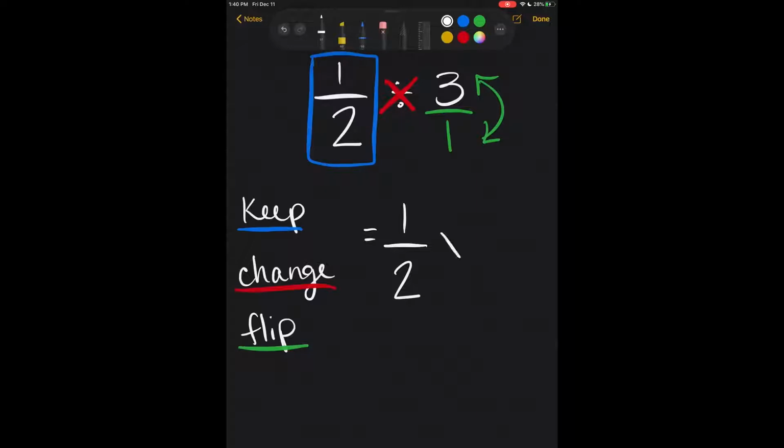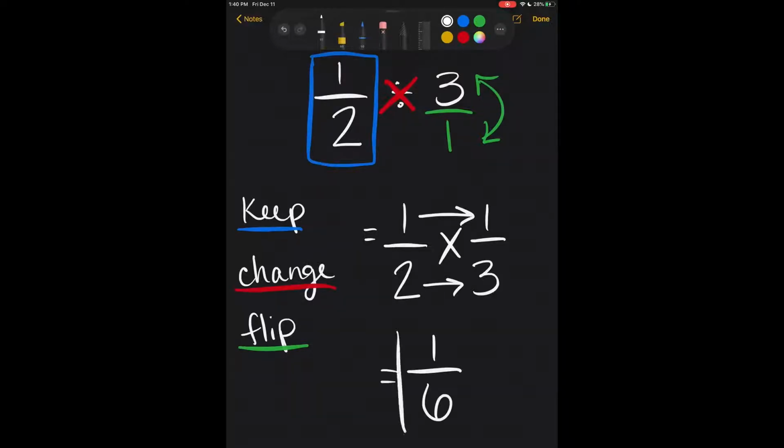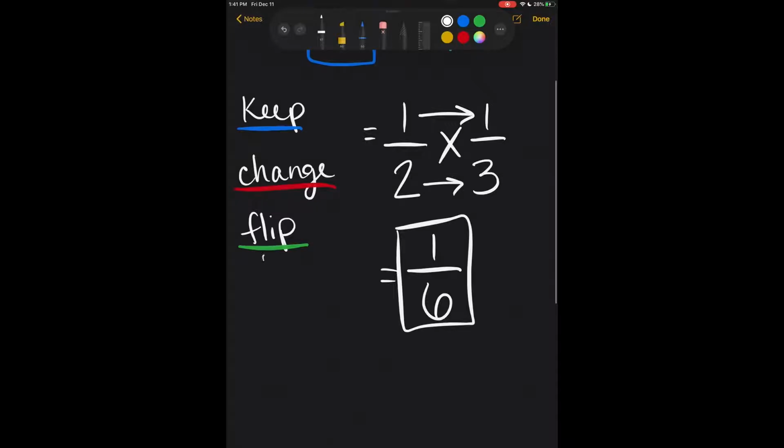We change our division to multiplication, and then our 3/1 flipped to be 1/3. And now we can solve it. We solve it by multiplying our numerators, multiplying our denominators, and we end up with 1 times 1 for our numerator, which is 1. 2 times 3 for our denominator, which is 6. So that means 1/2 divided by 3 is equal to 1/6.